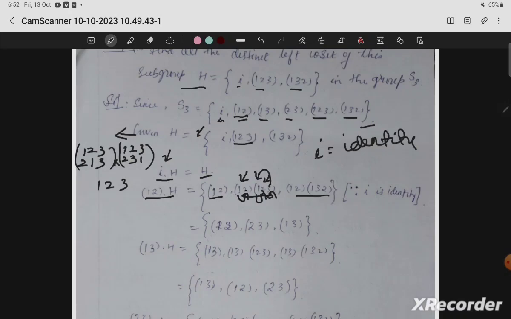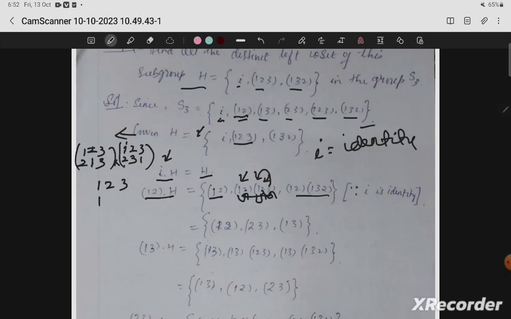We will start from 1, which goes to 2 here, and this goes back to 2 here, so 2 goes to 1, so 1 is going back to 1.